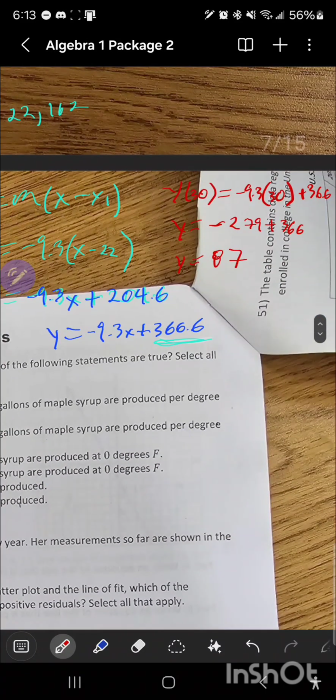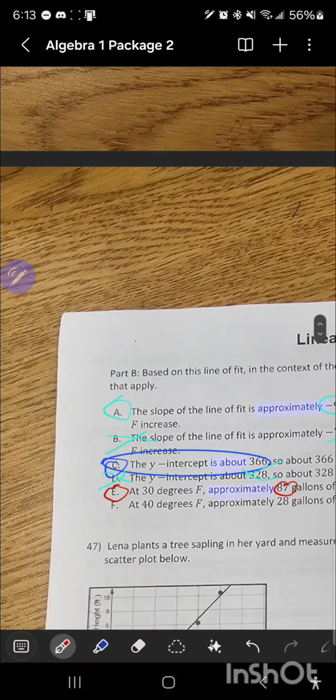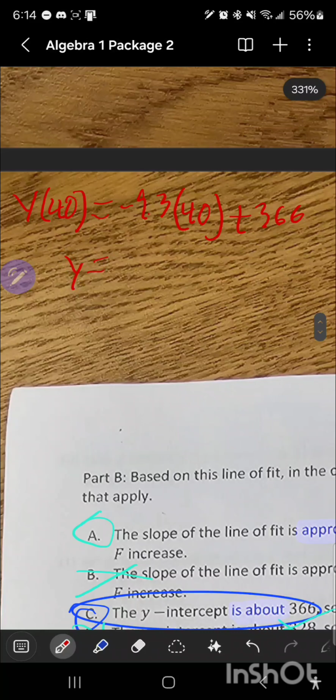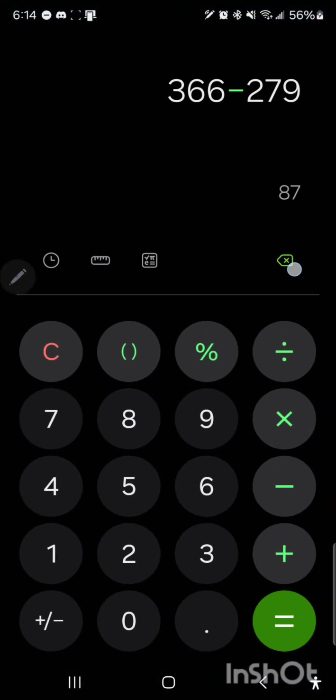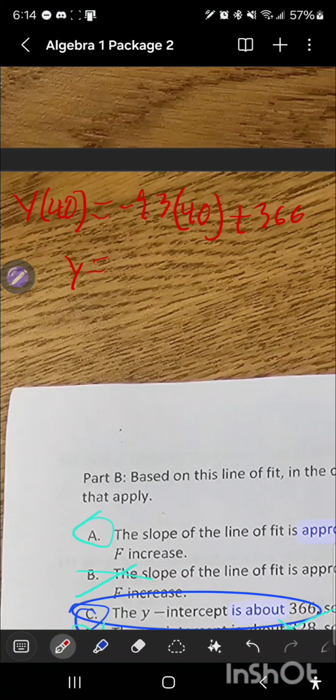I'm going to do the same. Now our x value will be 40 because we want to see at 40 degrees. I will say y of 40 equals negative 9.3 times 40 plus 366. Now y will be equal to negative 9.3 times 40, which is 372.